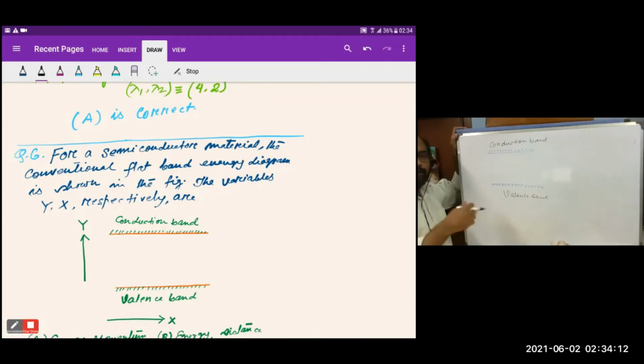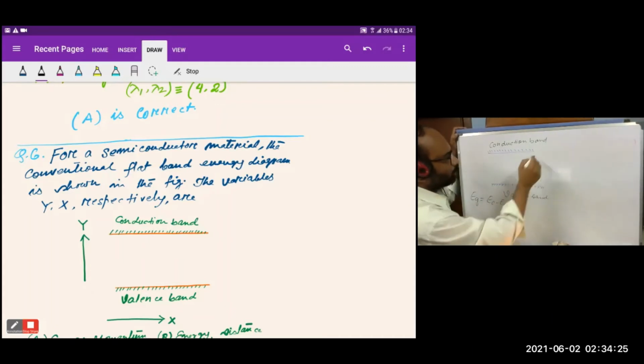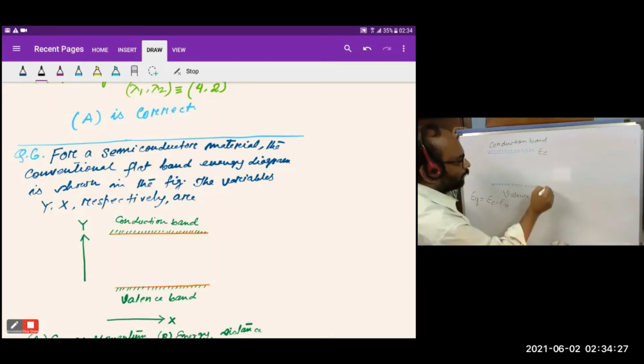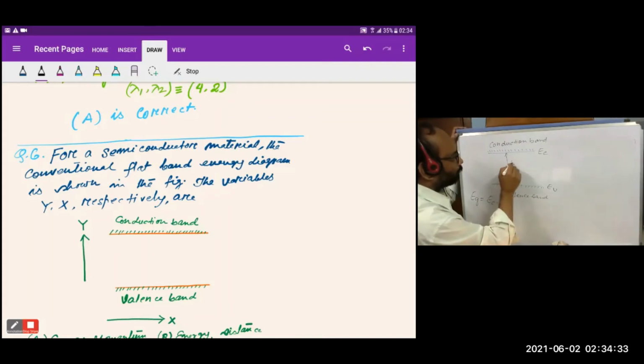We are familiar with this kind of band. And generally we write band gap EG is equal to EC minus EV. So this is my EC and this is my EV. And this is the band gap.